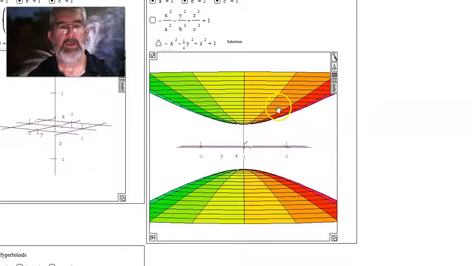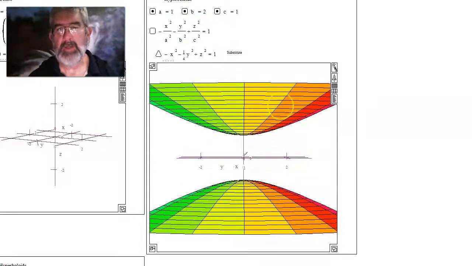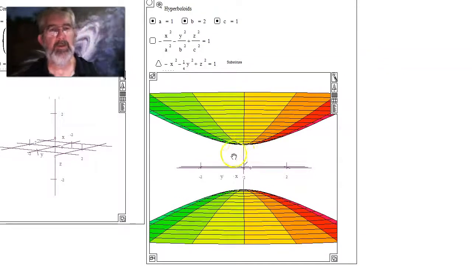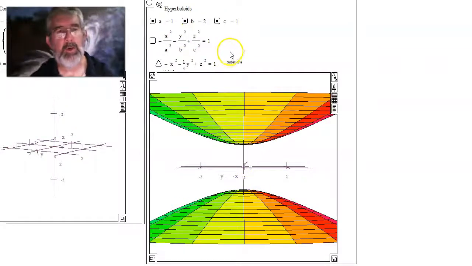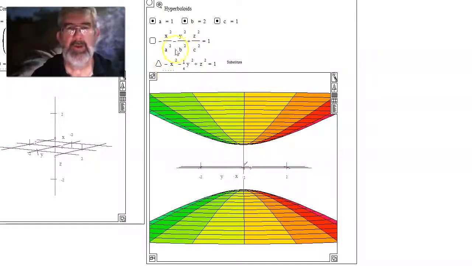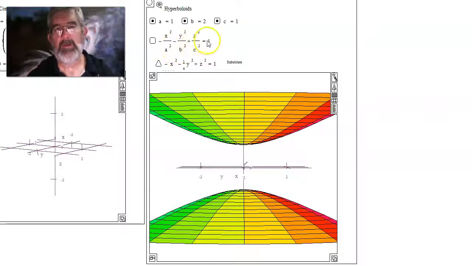Dealing with the equations is the same thing as dealing with ellipsoids. If you want to find the center, you're going to have to take the equation and complete the square and whatnot to get it into this form, x minus h squared over a squared, y minus k squared over b squared, z minus l squared over c squared. And because there's two minus signs here, after you've already gotten a 1, it turns out that's a hyperboloid of two sheets.